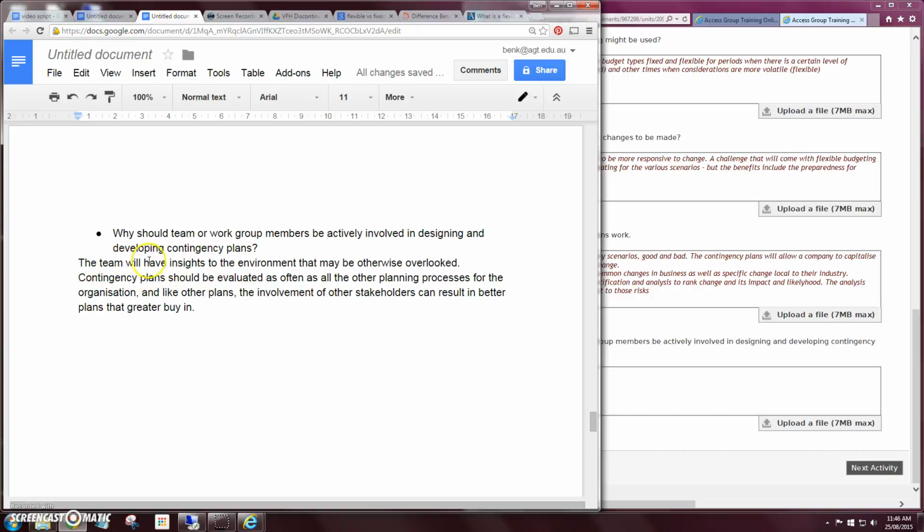And so my answer to that, the team will have insights to the environment, the work environment, that may be otherwise overlooked. Contingency plans should be evaluated as often as all the other planning processes for the organization. And like other plans, the involvement of other stakeholders can result in better plans that have greater buy-in.